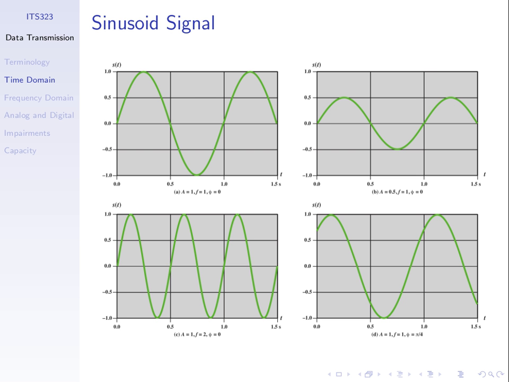Phase is 0. And that's the shift in that signal, if we look at it from the perspective of the plot, the shift from some initial point. We'll see when we change the phase what that looks like. So SA is one example signal. We can change those 3 parameters: peak amplitude, frequency, and phase.